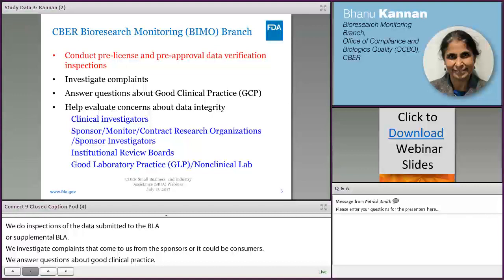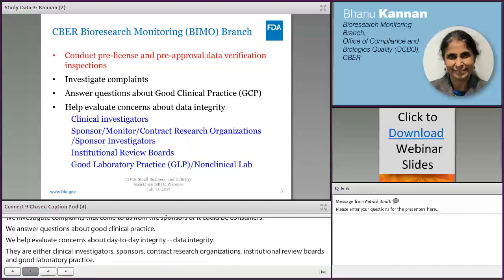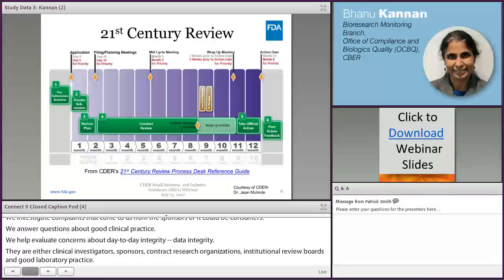They are either clinical investigators, sponsor monitors, or contract research organizations, or CROs, or institutional review boards and good laboratory practice facilities. And the goal of all this is the public health mission, which is to protect the safety, welfare, and rights of the human subjects who participate in the clinical study.